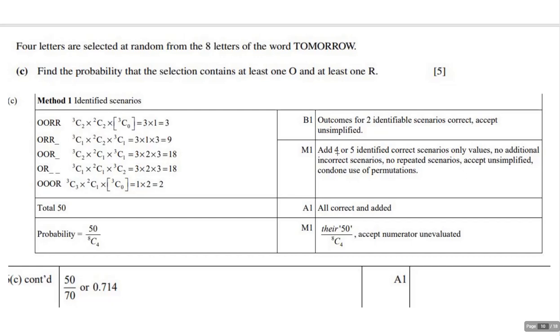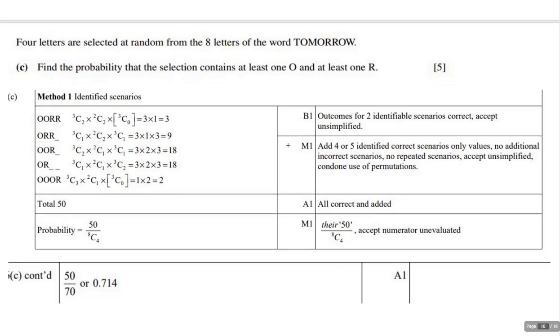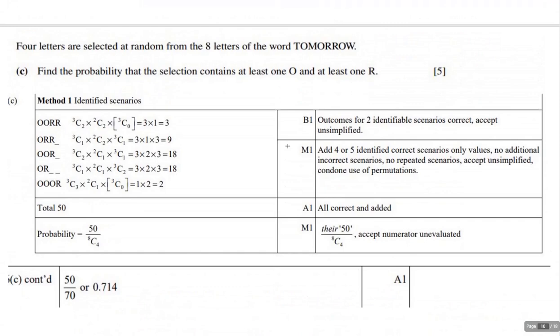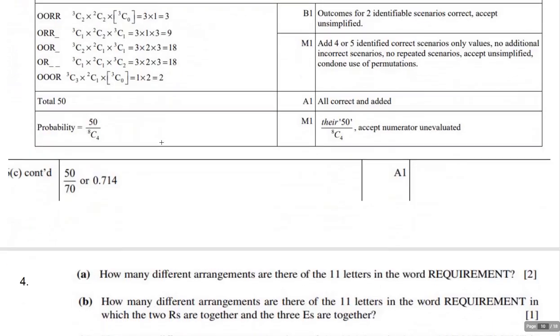Here, if you add 4 or 5 correct scenarios, with no repeated scenarios, you can still get a method point if, for example, you forgot one of these. If only 2 of them are correct, then you could get 2 out of the total points here. Was it 3 or 4? 4 it looks like. You could get 2 points just for getting 2 of them absolutely correct. Or I take it back, add 4 or 5, so they add them. All right.